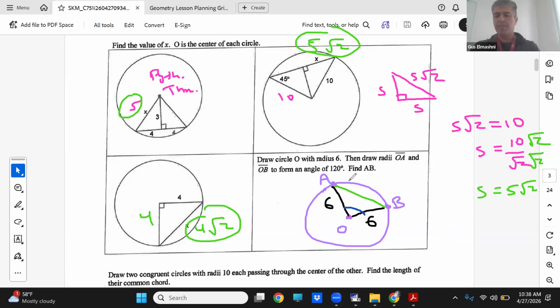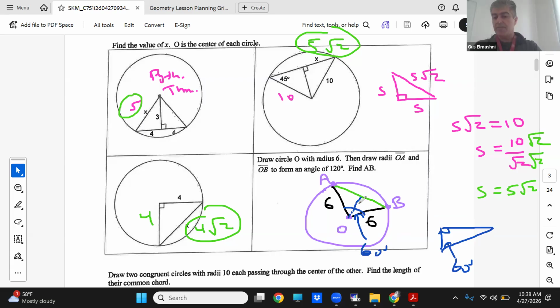But here's how I messed up. When I split it, I thought it was 45, 45, 90. That was dumb. I was careless. When I split it, that's 60 degrees. So yeah, sorry about that.